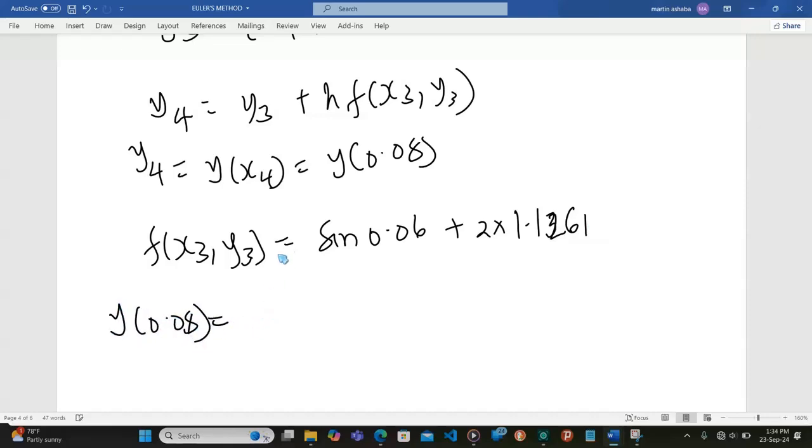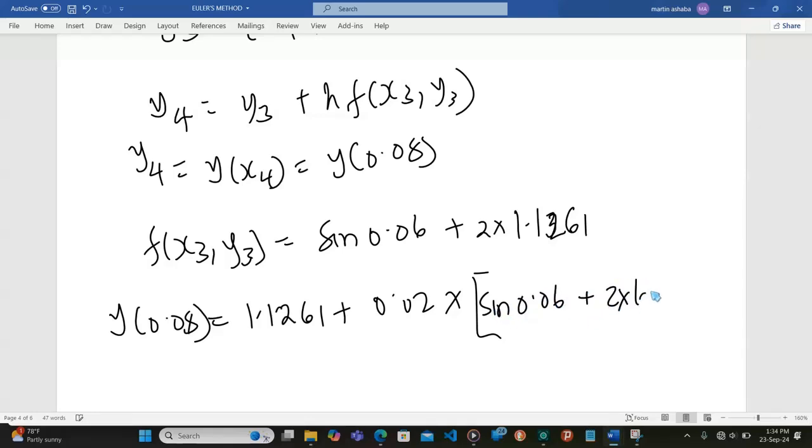Yes. And what is going to be y of 0.08? This is going to be y3, which is already calculated as 1.1261, plus h, which is 0.02, times now sin of 0.06 plus 2 times 1.1261. So what is y of 0.08? This is the same as having 1.1723.